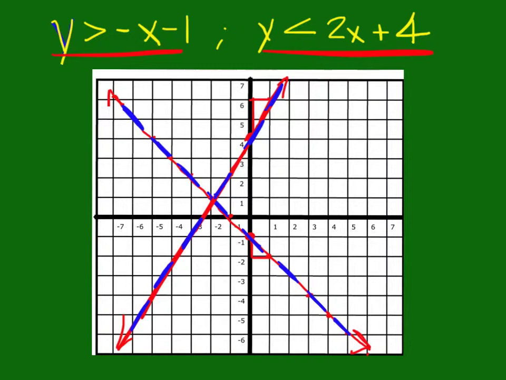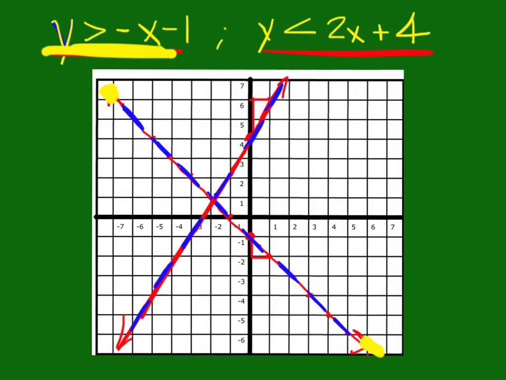Okay, we have to test both of those. We'll test the y greater than negative x minus 1 first, and that would be this one here. I've put yellow at either end of it. If we pick out 0, 0, if you plug in 0, 0 for that inequality, would 0 be greater than negative 1?